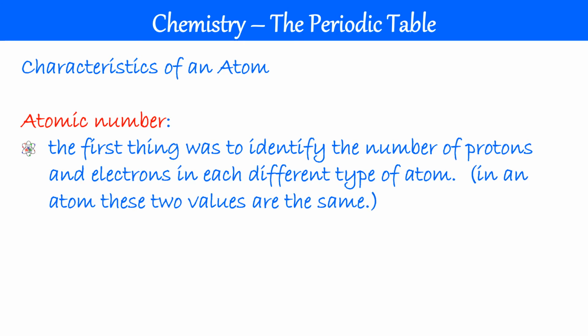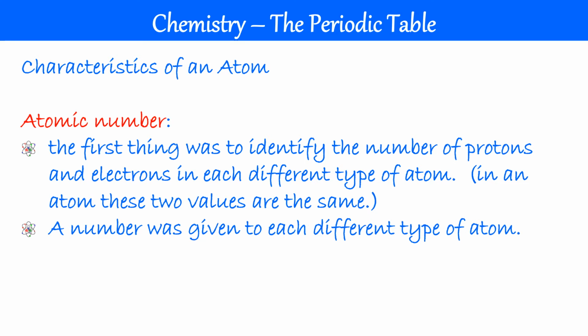The atomic number. The first thing scientists did was to identify the number of protons and electrons in each different type of atom. In an atom, as I said earlier, these values are the same.